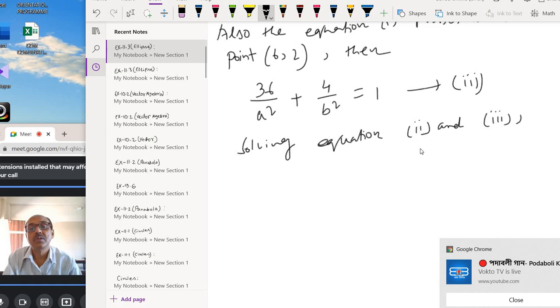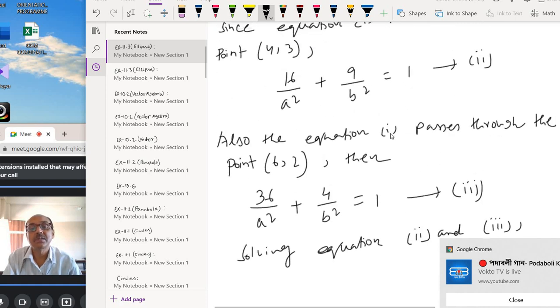So 36 by a square and 16 by a square, 9 by b square and 4 by b square. 4 into 9, 36. So multiply equation 2 by 4 and equation 3 by 9.